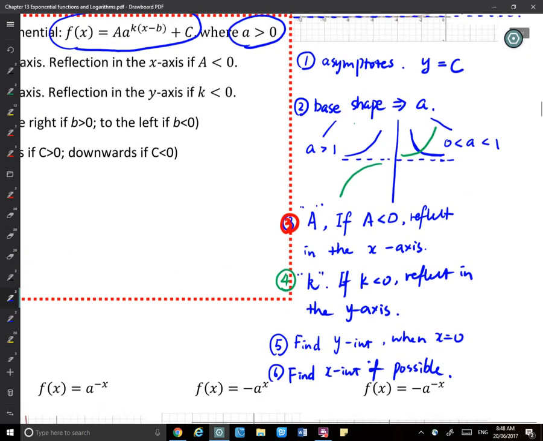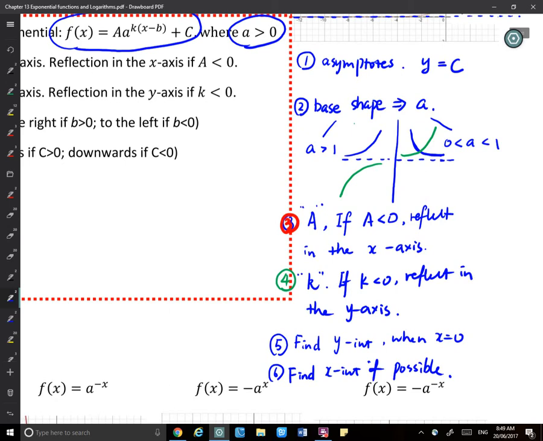You will sketch an exponential graph. If you follow that, you definitely will have a correct graph. Some values you need to look at: you're interested in the C value, that's your asymptote. You're interested in the lowercase a value, that depends on what you start with. And the A value and k value depend on whether reflections happen in the x-axis and y-axis.